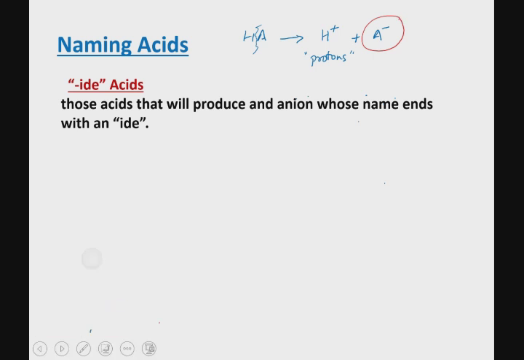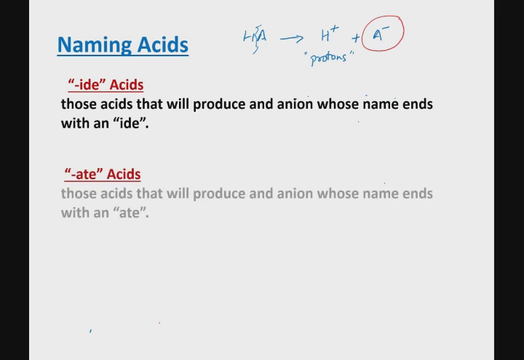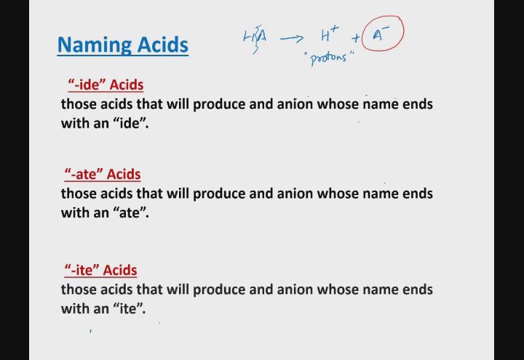Acids can either be "-ide" acids if the name of the anion it produces ends with an "-ide", "-ate" acids if the name of the anion ends with an "-ate", or "-ite" acids if they produce an anion whose name ends with an "-ite". Once again, I cannot emphasize enough how important it is to know the name of these anions.